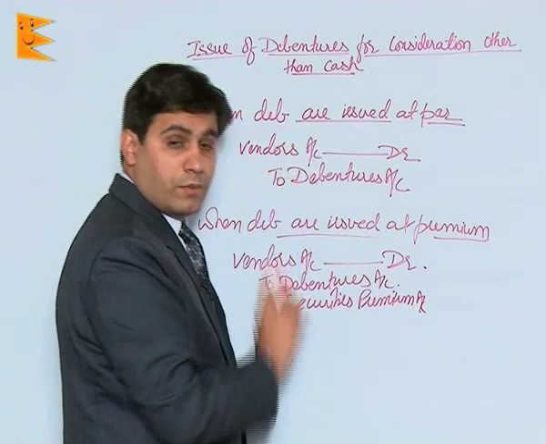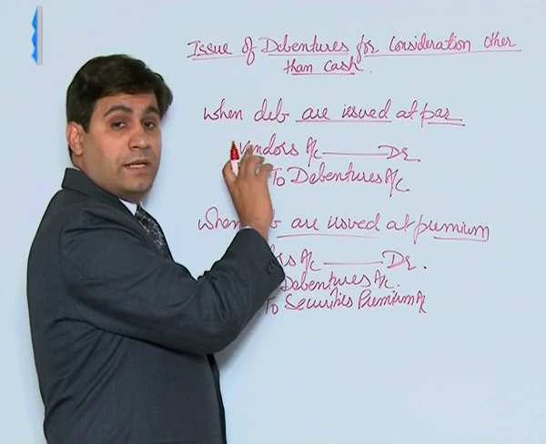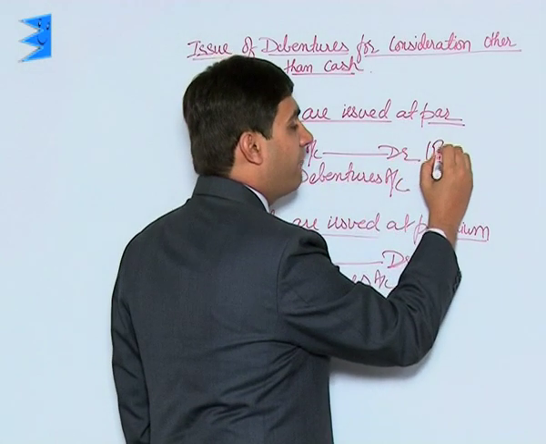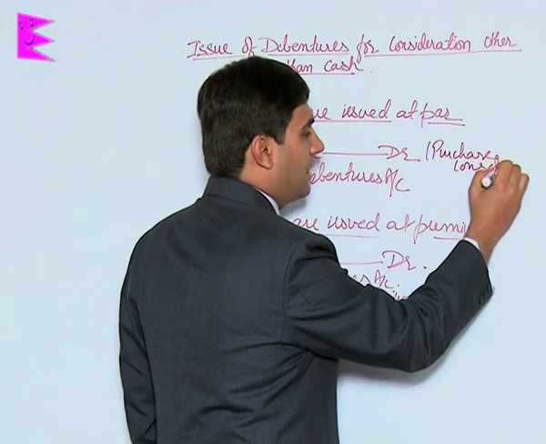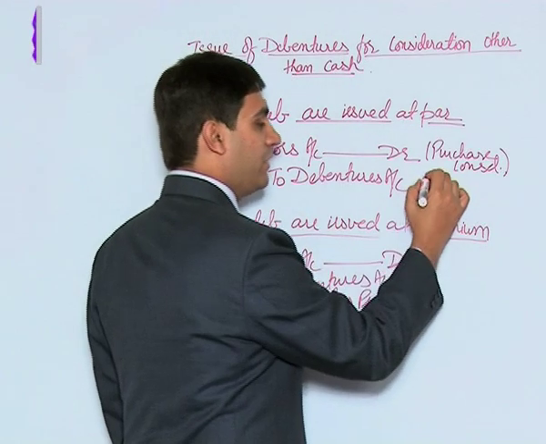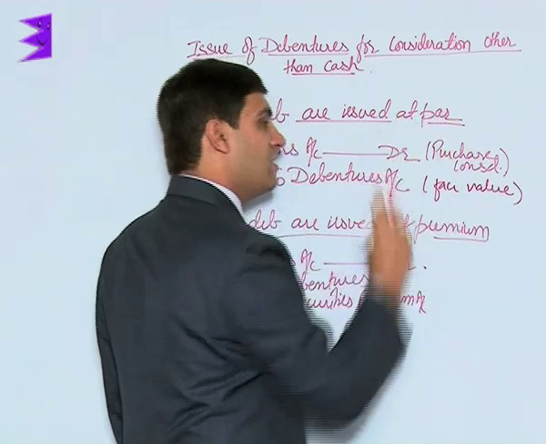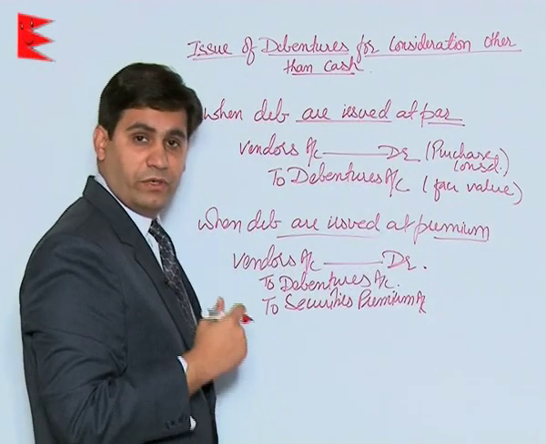Now students, in both these cases, coming to the first entry, let us see how amounts would be settled. Vendors will always have purchase consideration here. That is the amount that is to be paid to vendors. And in debentures, obviously we will have face value. In case debentures are issued at par, purchase consideration would always be equal to the face value of debentures.